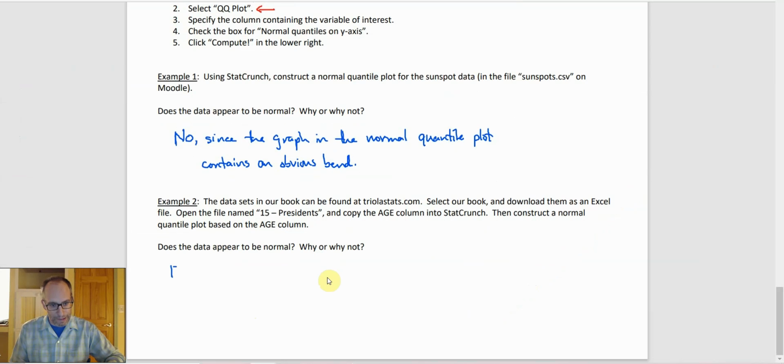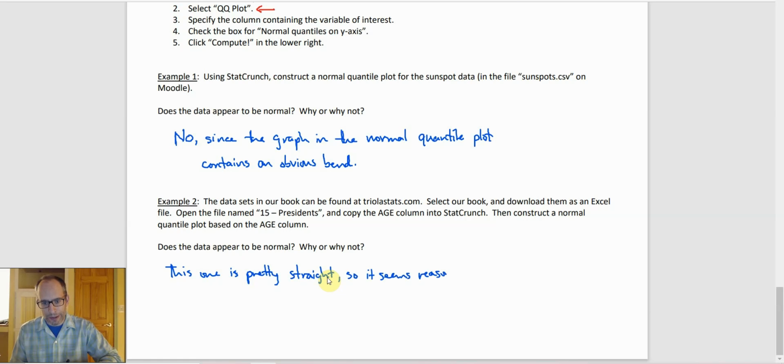So we can say that this one is pretty straight. So it seems reasonable to say that the distribution is approximately normal.